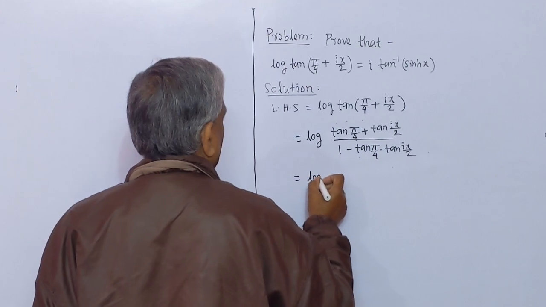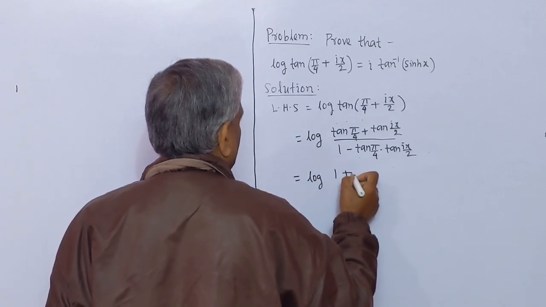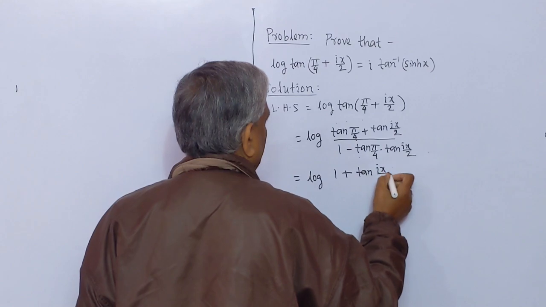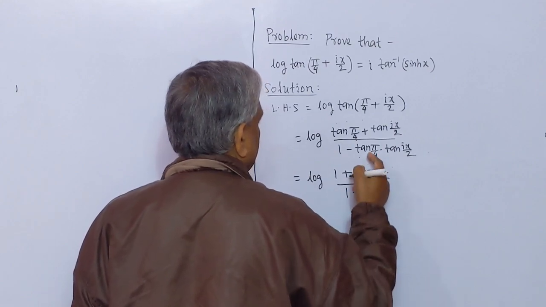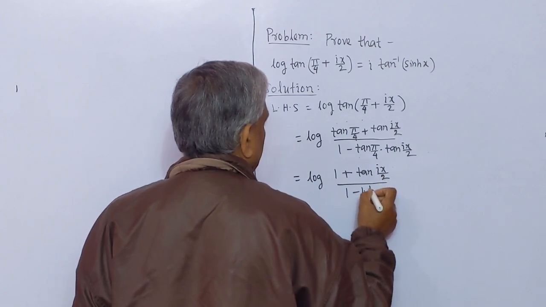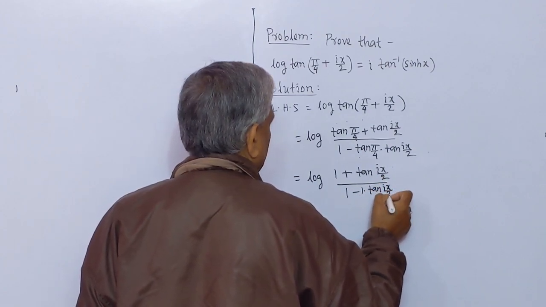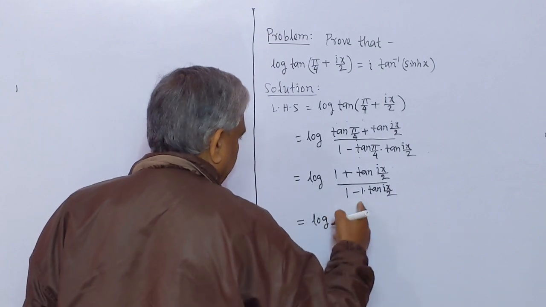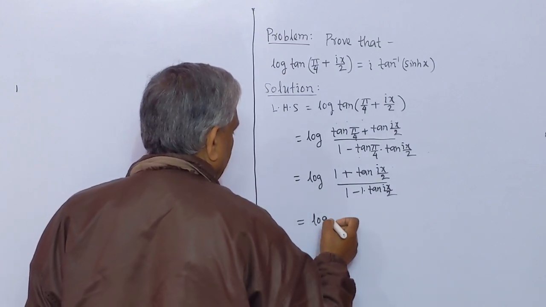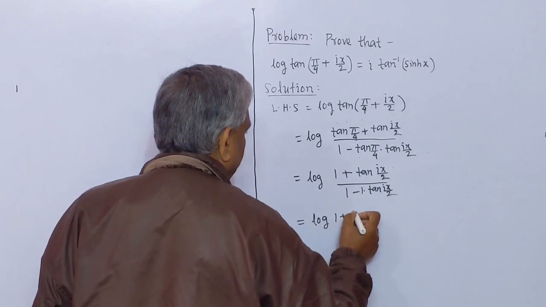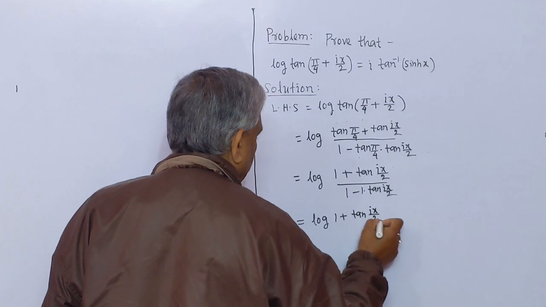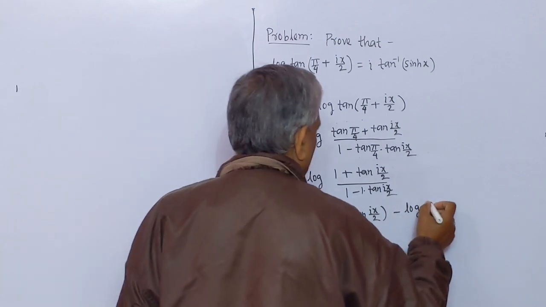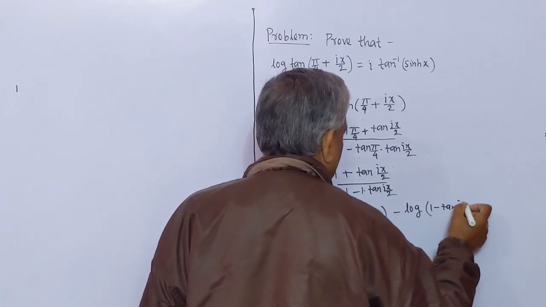This is equal to log of (tan pi/4, which is 1, plus tan(ix/2)) by (1 minus tan pi/4, which is 1, times tan(ix/2)). Since log(m/n) is log m minus log n, this is log(1 + tan(ix/2)) minus log(1 - tan(ix/2)).